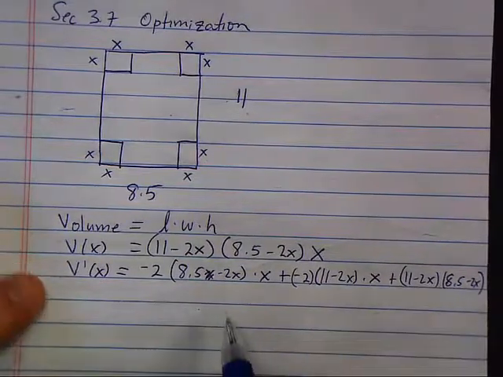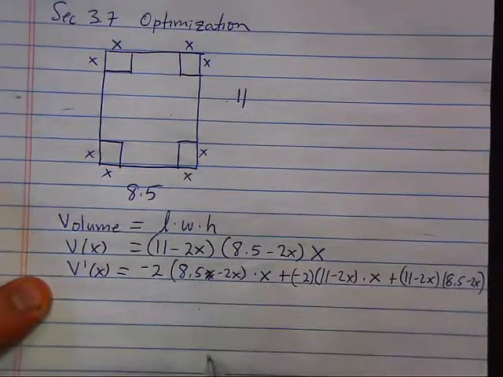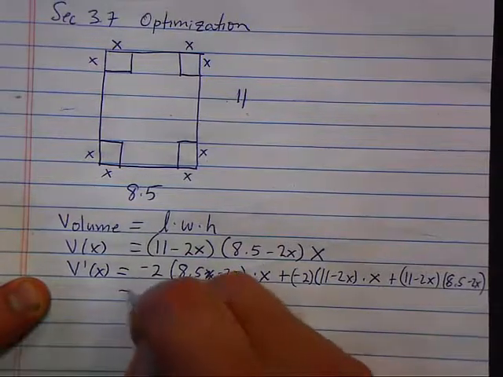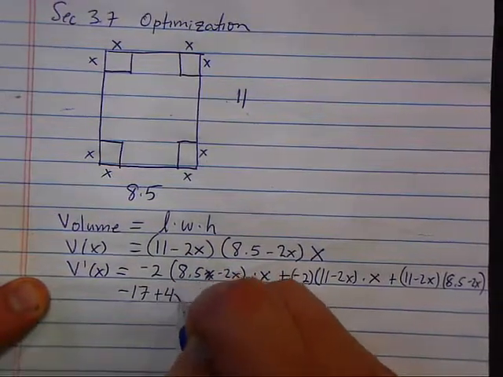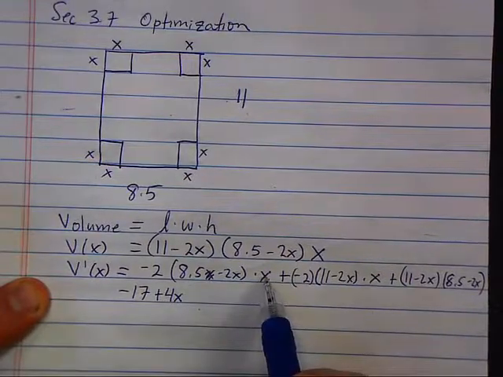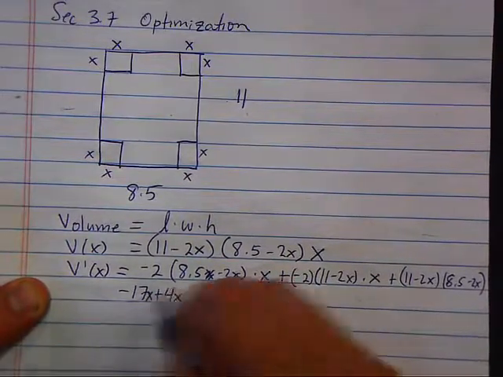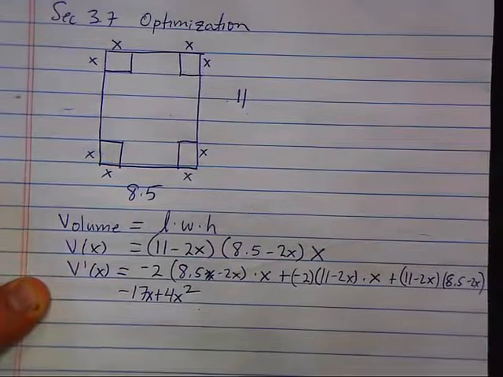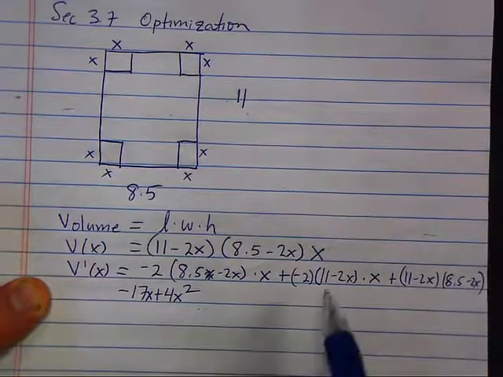A whole bunch of algebra to do now. What's negative 2 times 8.5? Negative 17 plus 4x. And then all those got to be multiplied by x, don't they? So let's write that as negative 17x plus 4x squared. So distribute the negative 2 through and distribute the x through. Same thing on the next one.